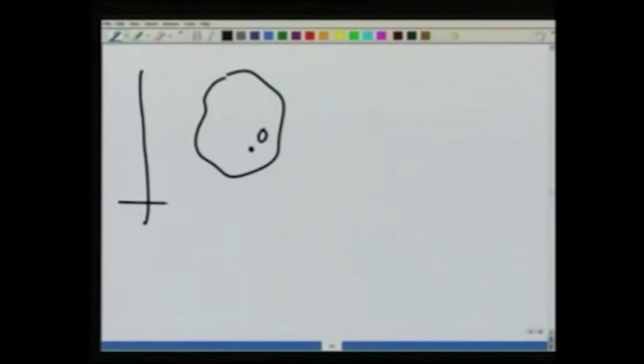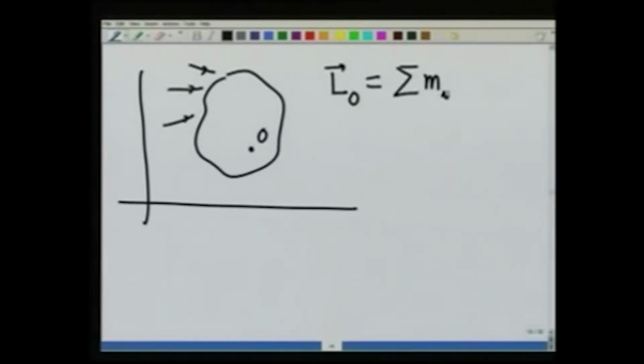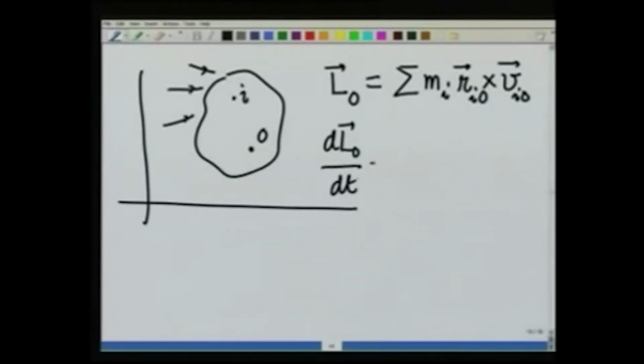and a body that is being applied by several forces, and let us calculate the angular momentum L about O. This by definition is going to be summation m_i r_i with respect to O cross v_i with respect to O, where i is some general point, and therefore dL_O/dt.